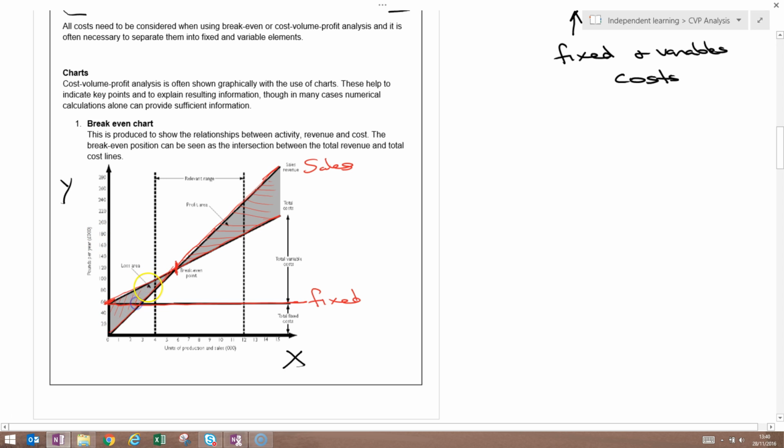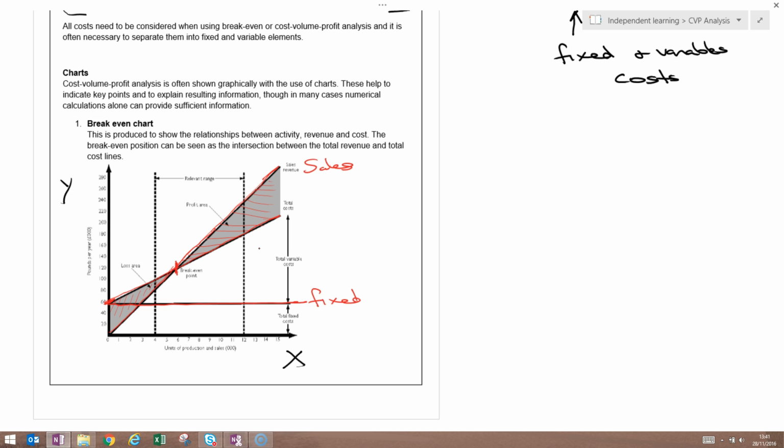So this is the loss-making area. So any point above break even, we can read off by looking at the difference between the two lines, what the profit would be. We could, if we needed to, work out our variable costs because we have a total cost line and we have a fixed cost line, so the difference between the two would be our total variable costs.